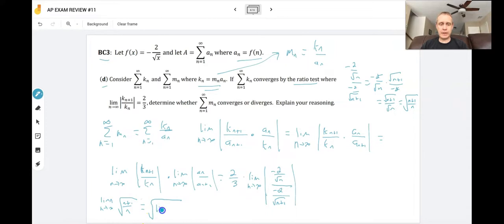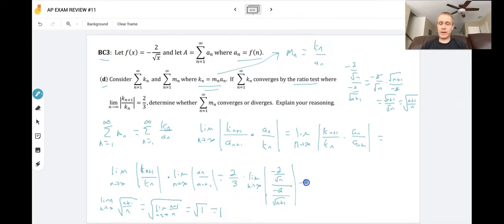So I claim that because of that, and we have a rule of limits that says when you do have a composition, you can take a look at the inner function first, see what the value is. And if the outer function is continuous there, then that would be the answer to your limit. And so the limit as n approaches infinity of n plus 1 over n, I hope that you would agree that would simply be equal to 1, which square root of 1 is just 1.